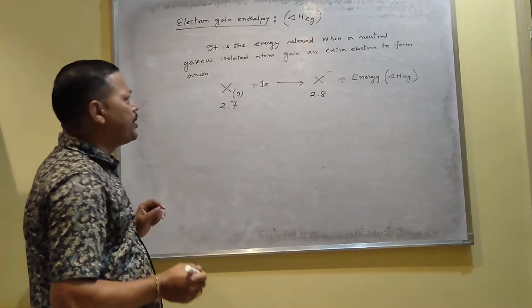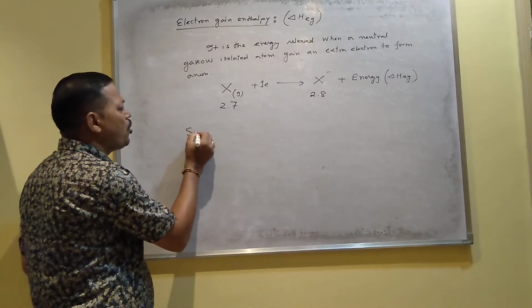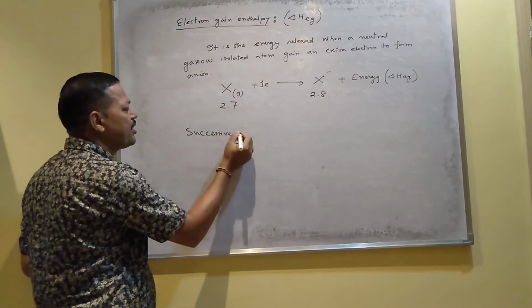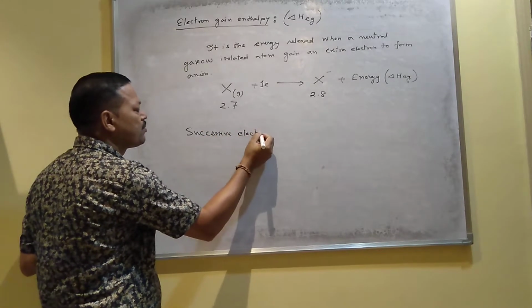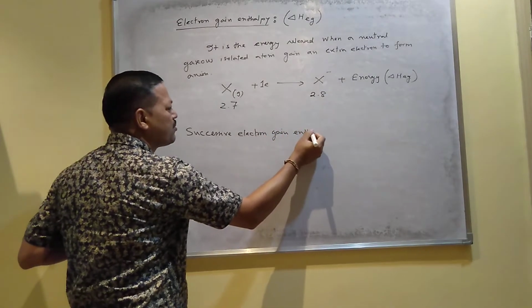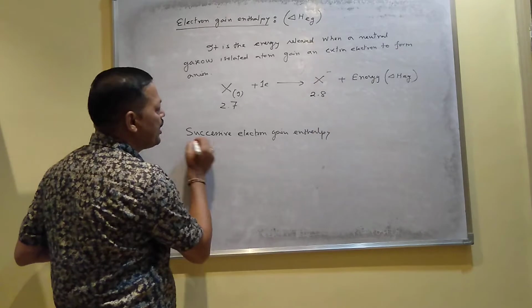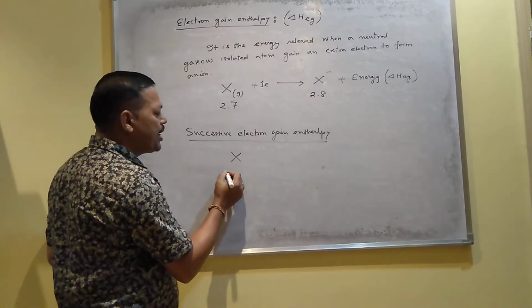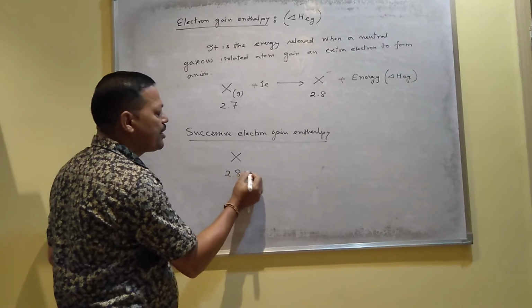Now, like ionization enthalpy, electron gain enthalpy also has successive electron gain enthalpies. Successive electron gain enthalpy means, suppose one atom has the electronic configuration 2,8,5.